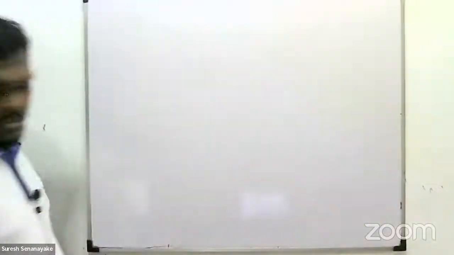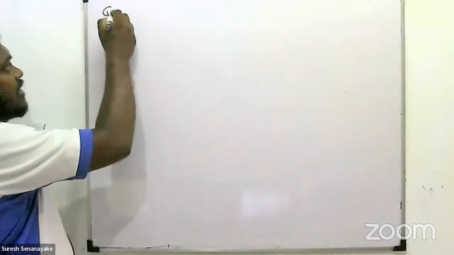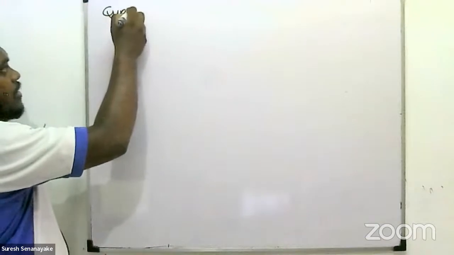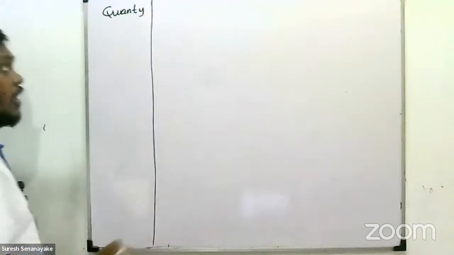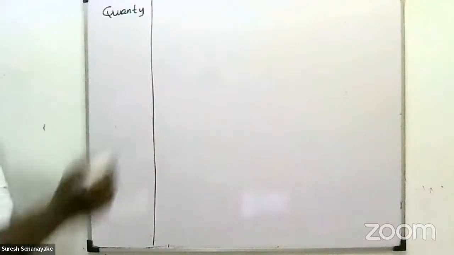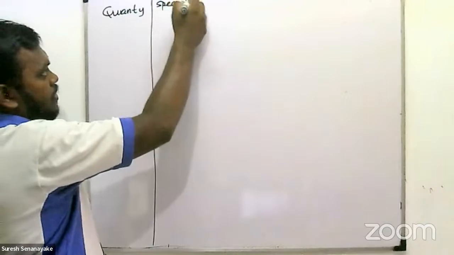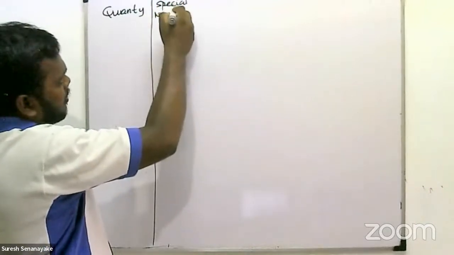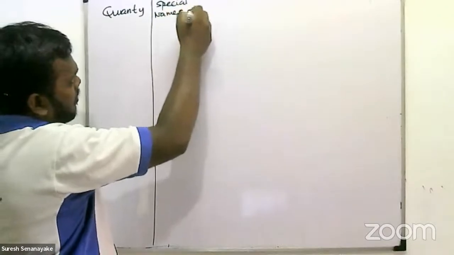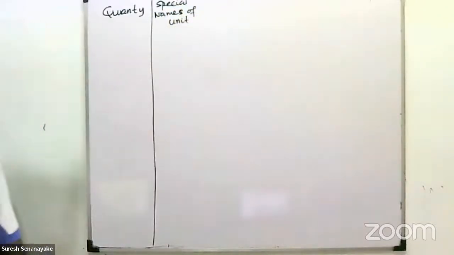Actually, we need to draw 6 columns. First is quantity. It's a small column; you need to write the name only. And next is the special names of units.